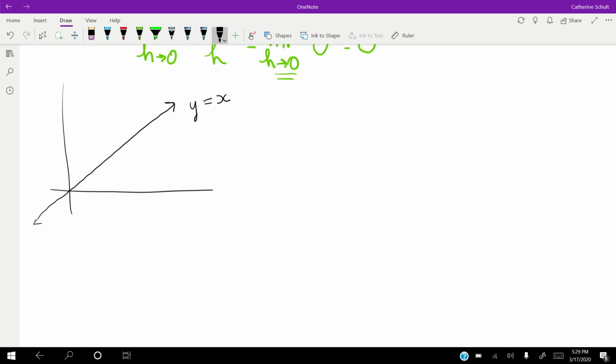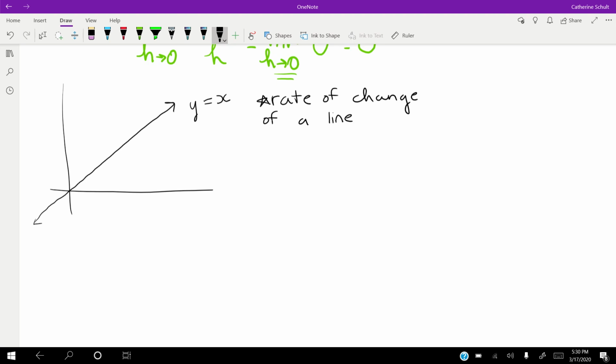Okay, so let's talk about the rate of change of this line. And again, let's just do a little side note about the rate of change of a line like this. And we saw this in our last example too.